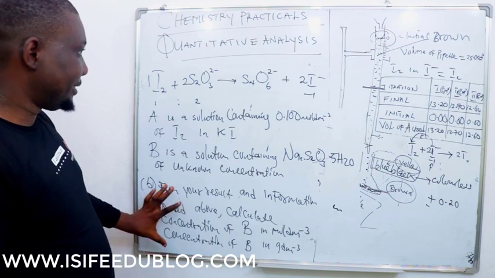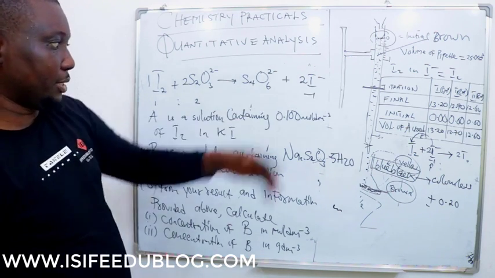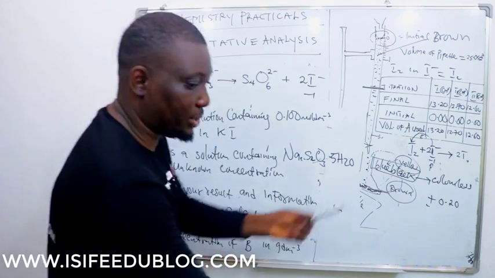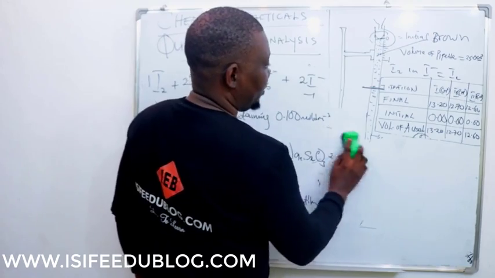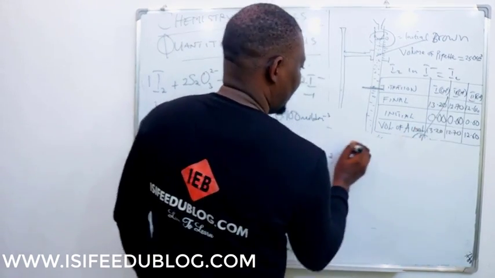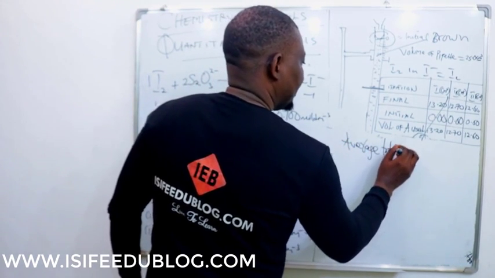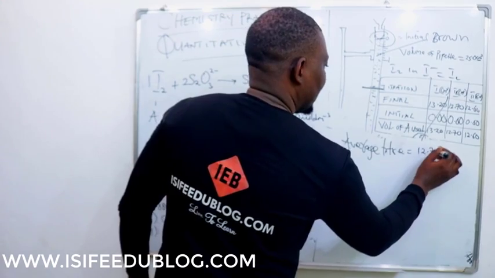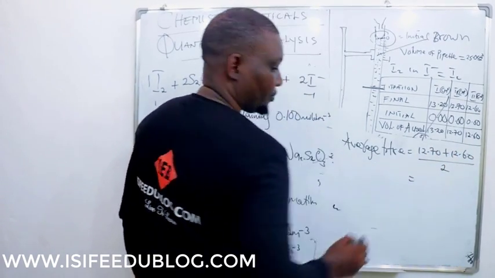Okay, let's do this aspect of the calculation. So what do I do? Please remember, I'll go back to the table again to state our average titer. Very important. Average titer from this, we're not going to use this. Okay, we say average titer is 12.70 plus 12.60 all divided by 2.